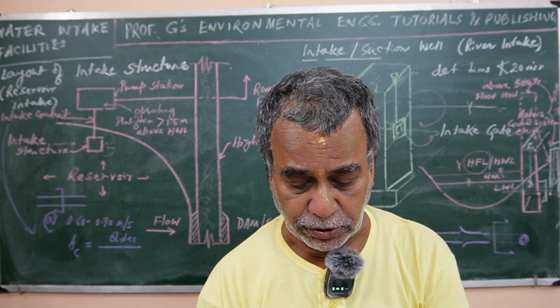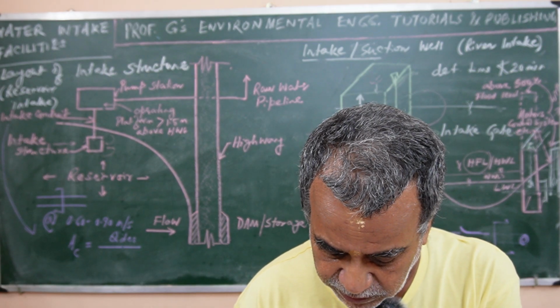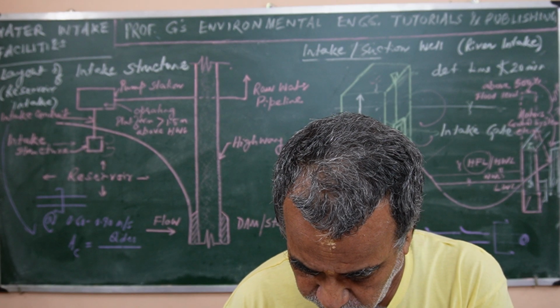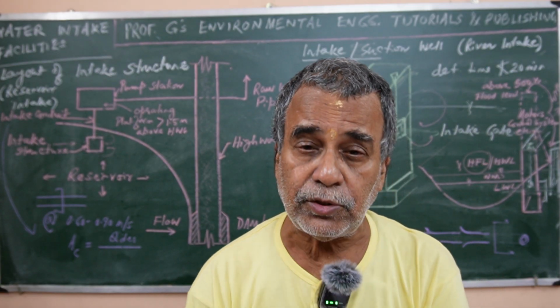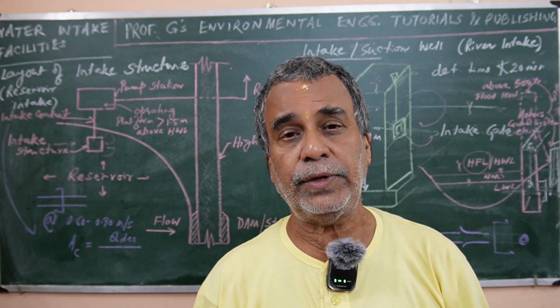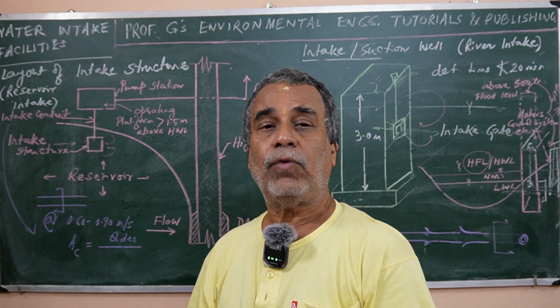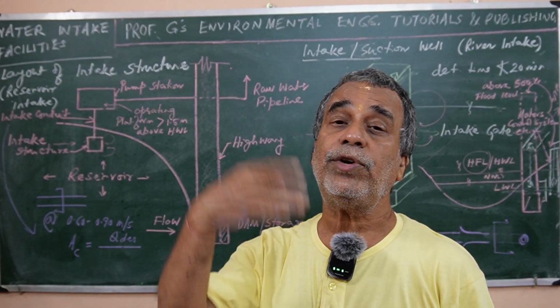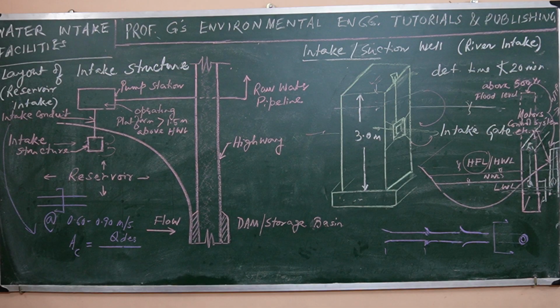I have given a table where you will see the ultimate flow, which is 2 times or higher than Q. The Q which you get is normally the design flow. For ultimate flow, it has to be 2 times or so, and accordingly you have to design, because we have to keep a factor of safety.